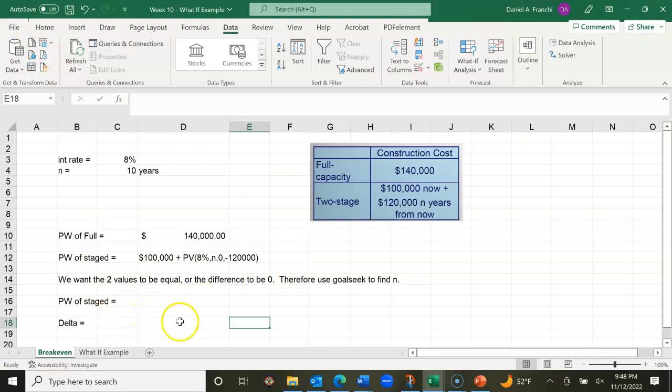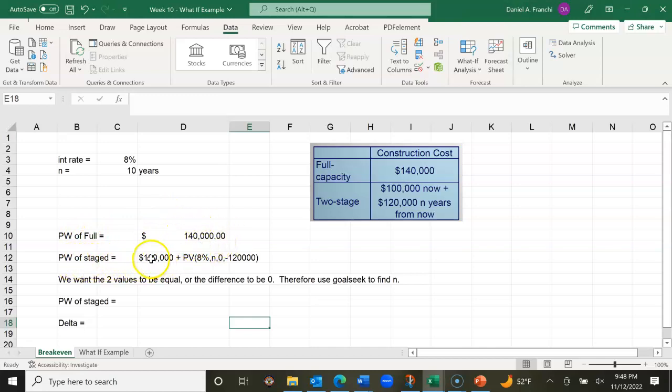So let's look at our data here. We have an interest rate of 8%, and I'm going to arbitrarily set the period n to 10 years from now. So we have the present worth of the full stage construction is $140,000. That's a given.